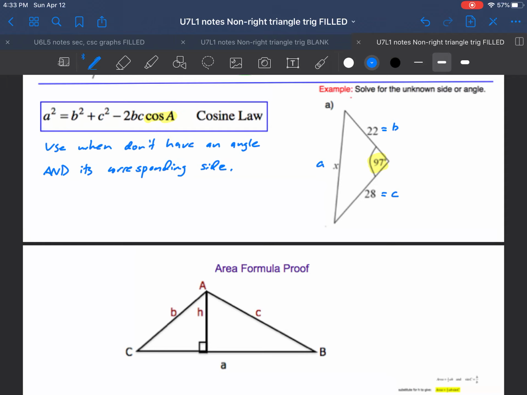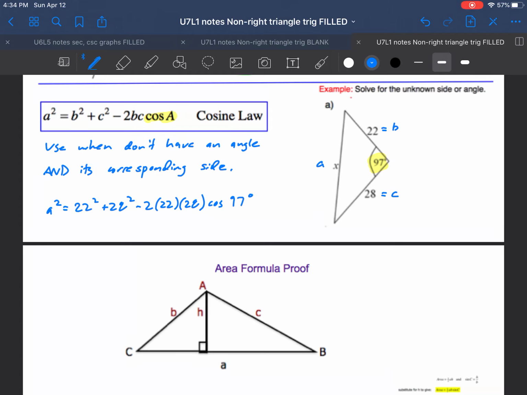So if I'm solving for A, A squared is equal to 22 squared plus 28 squared minus 2 times the product of these two times the cosine of 97 degrees.